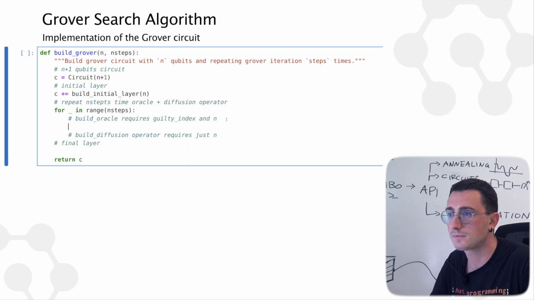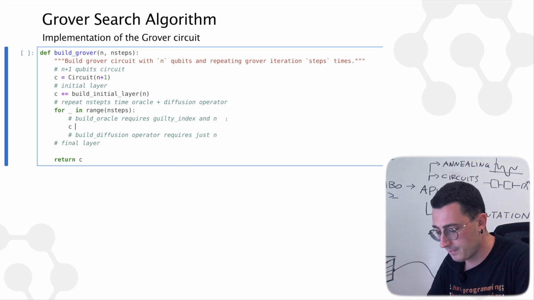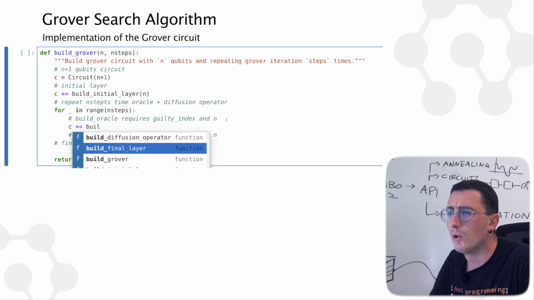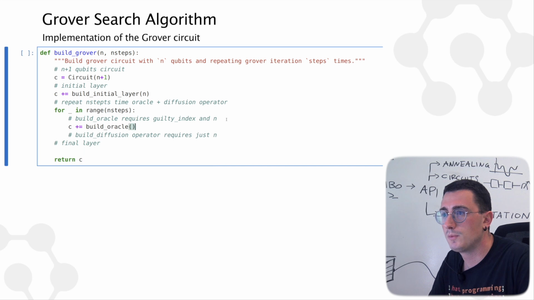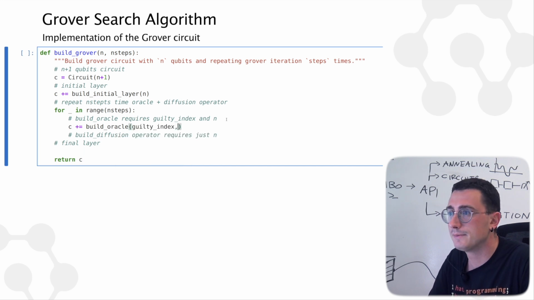Okay, now we have our initial layer, and what we should do is to add the oracle followed by the diffusion operator. So in this loop here, which loops over the number of steps we want to do, we say C plus equal build oracle, and then we need to provide to the function the guilty index and the number of qubits in the input register.